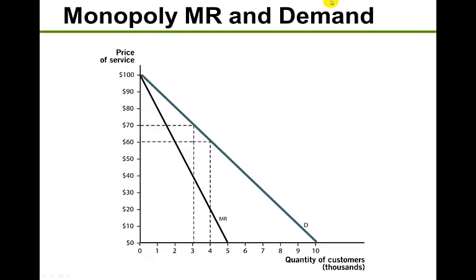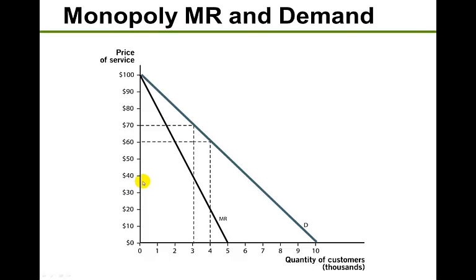So if you note, we mentioned this earlier in the semester, revenue is given by price times quantity. So when we're back at our original setup here, the area of this whole rectangle gives us our total revenue at selling 3,000 units at $70.